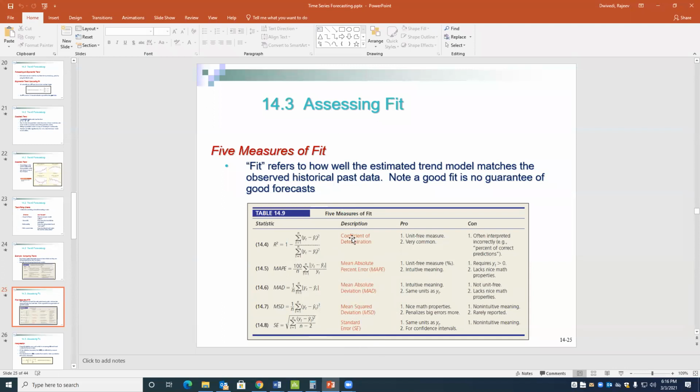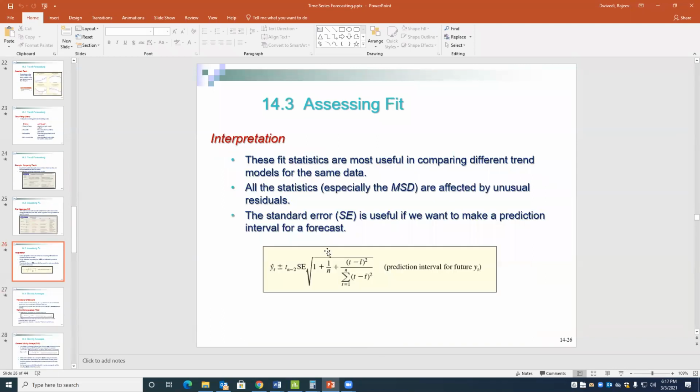R square must be close to 1, then you can understand it is a great fit. These should be as close to 0, or as small as possible, as we have just seen in different fit models. So these should be smallest.